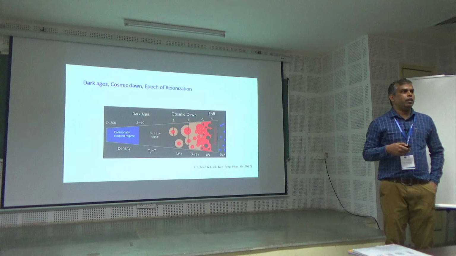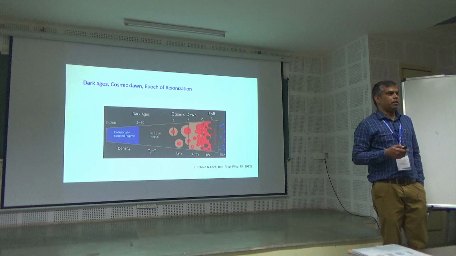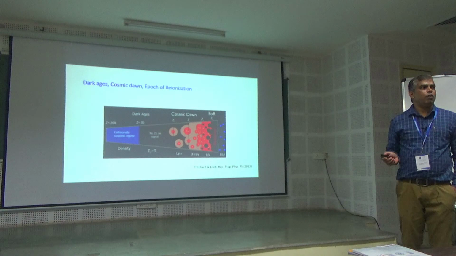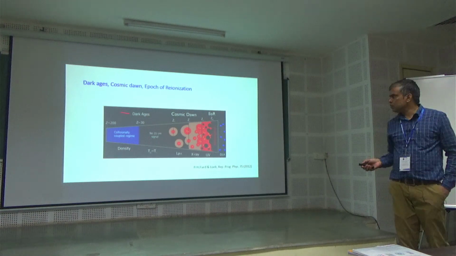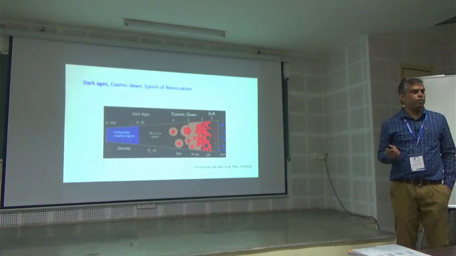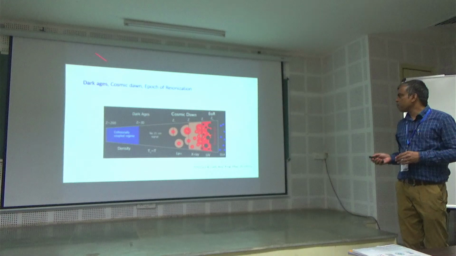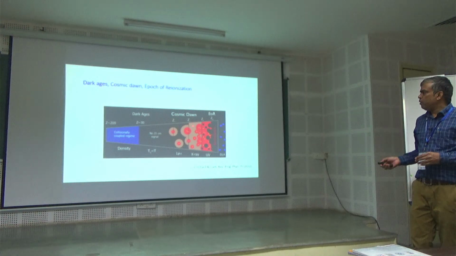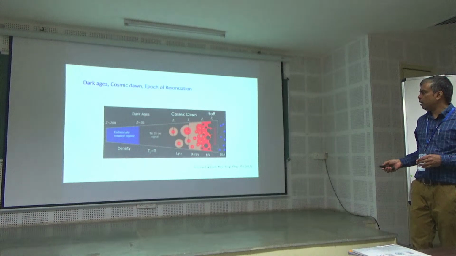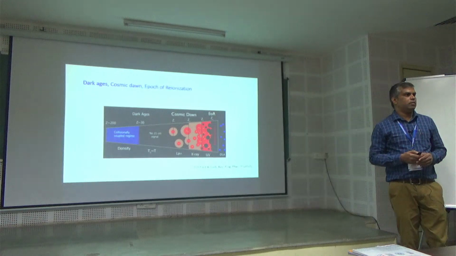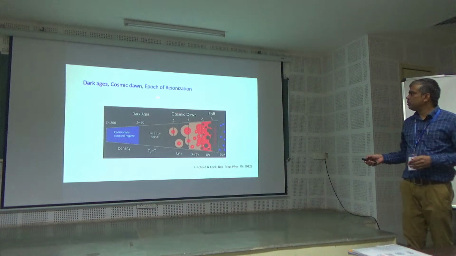And later, more and more UV radiation from those sources started to ionize the neutral hydrogen around them. We expect to have ionized regions around those sources, and later more and more sources were formed, and eventually they overlapped with each other, and that process of ionization of neutral hydrogen is known as the epoch of reionization.